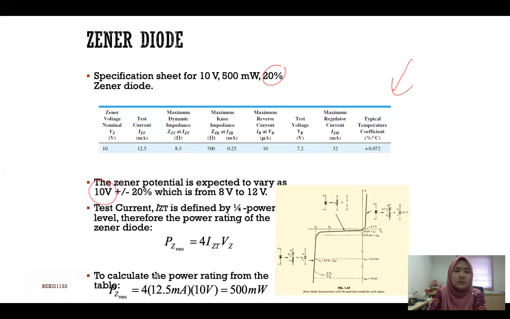So 4 multiplied with the IZT is 12.5 milliamp, and the VZ is 10. Okay, so you will get the power is 500 milliwatt.